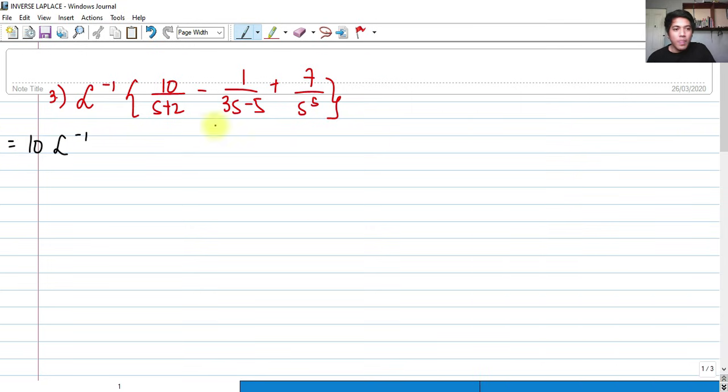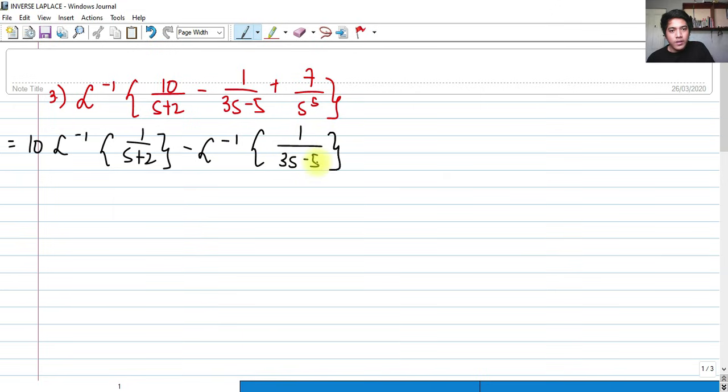So we have 10 times the inverse Laplace of 1 over s plus 2, because I factored out already the 10, minus the inverse Laplace of 1 over 3s minus 5 plus 7 times the inverse Laplace of 1 over s raised to 5.